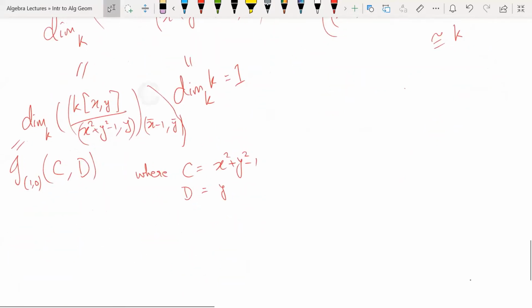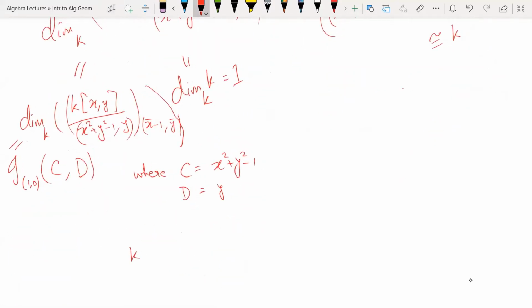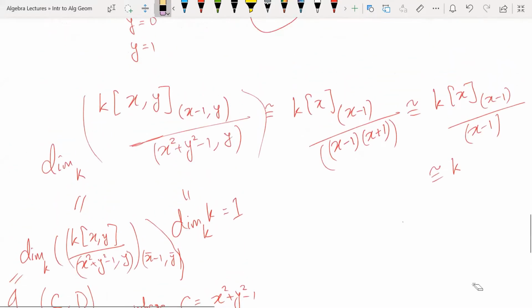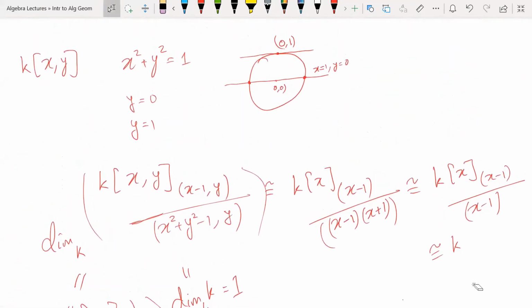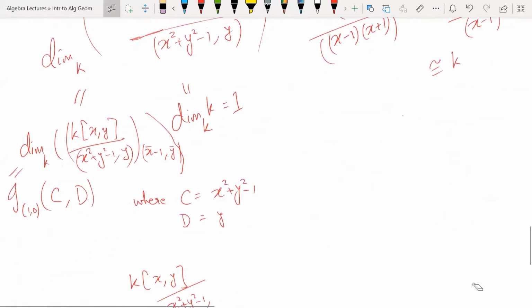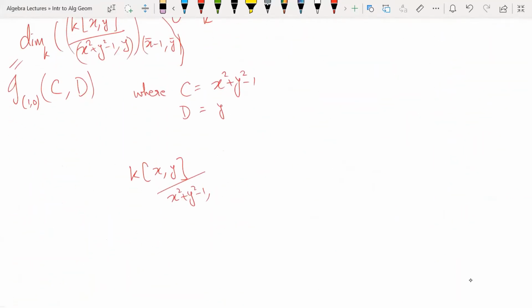So the ring we are looking at is k[x,y] mod (x² + y² - 1, y - 1). Sorry, the other equation is not y equals 0, it is y equals 1, so y minus 1.